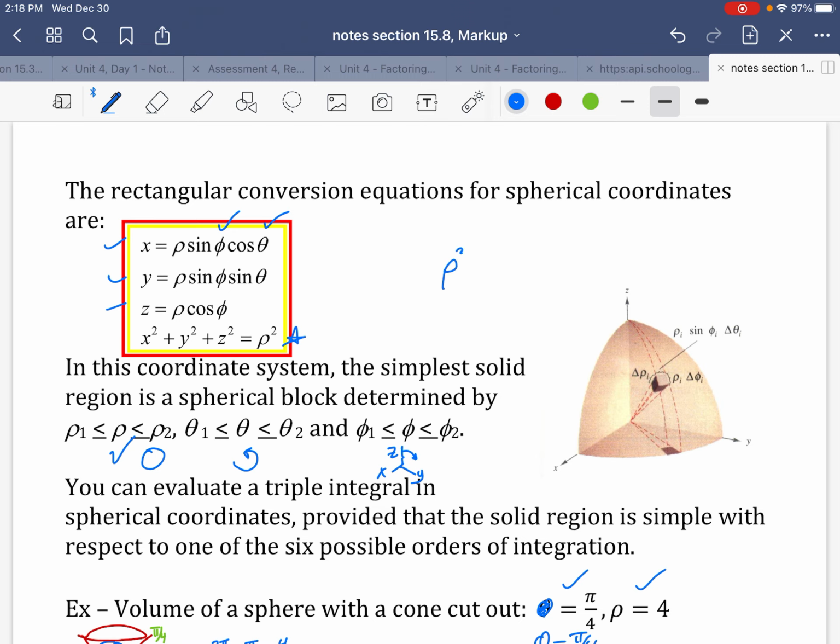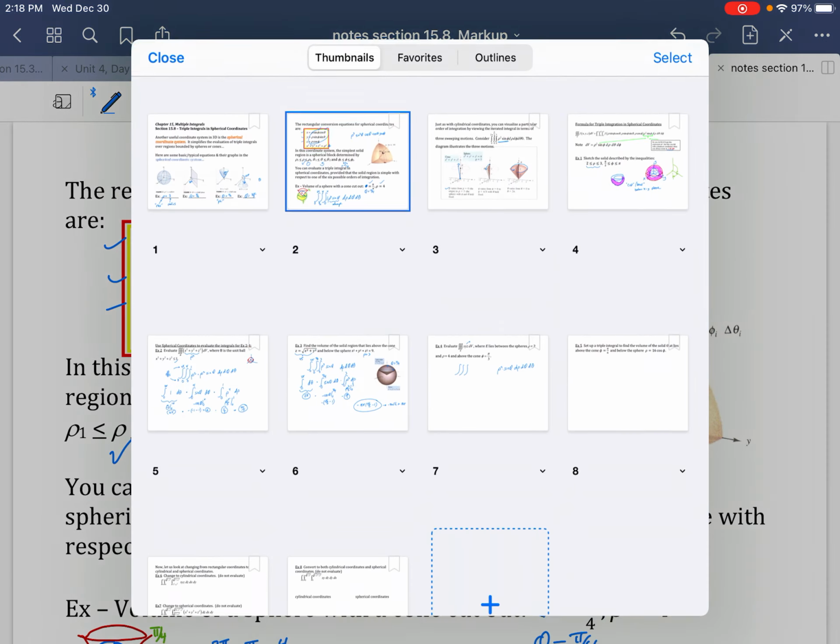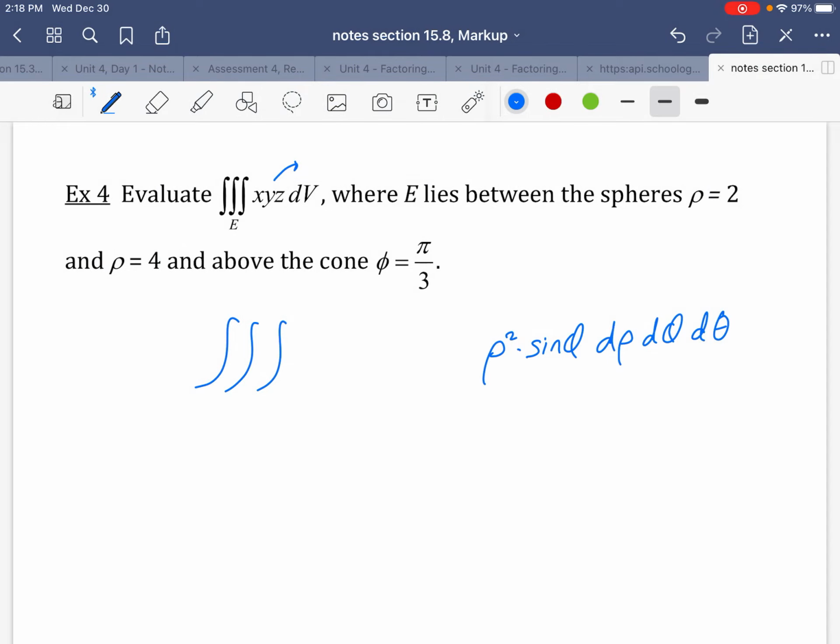I'll have rho to the third, because x times y times z, I'm going to get a rho to the third. I'll get a sine squared phi. I'm trying to just collect everything that I see right here. Sine squared phi, I'll have a cosine phi, and I'll have a cosine theta and a sine theta. I got a lot going on right there. All right, so we'll collect those back on another page, but just so you understand when I write them, that's where they're coming from.